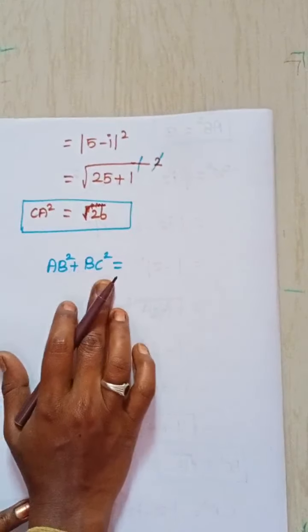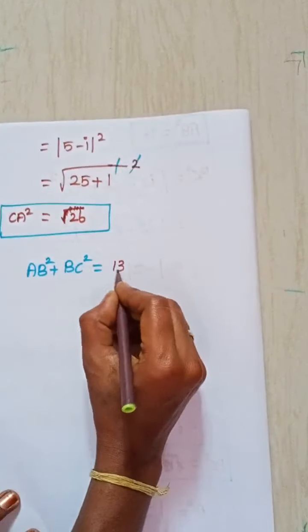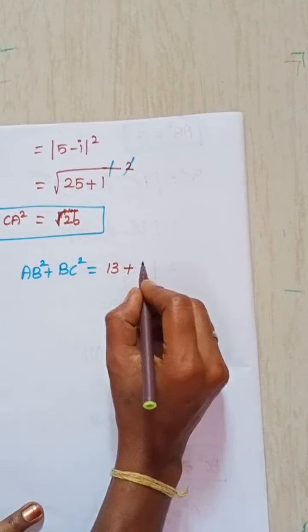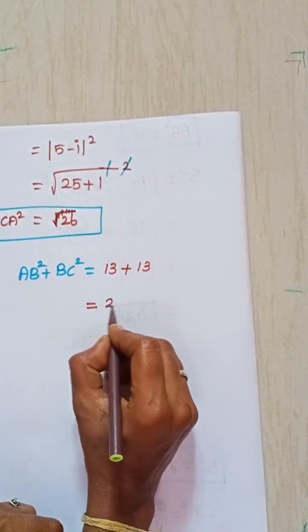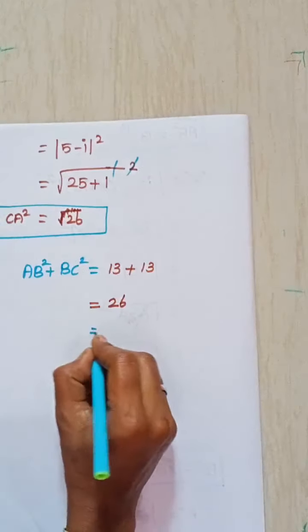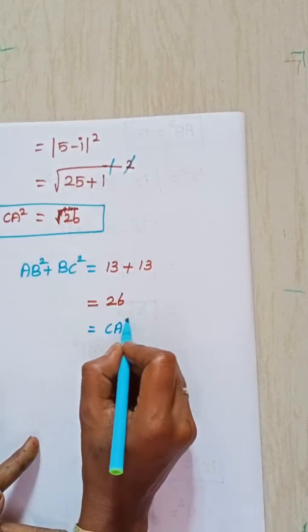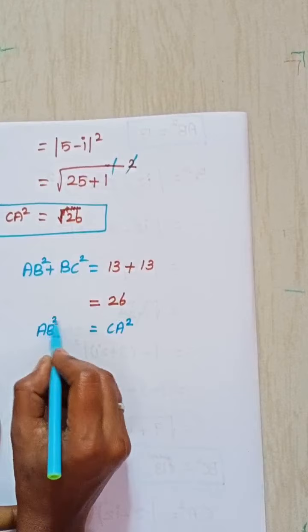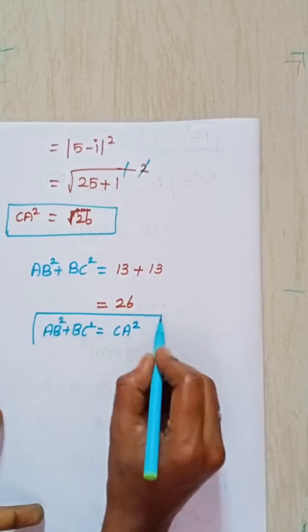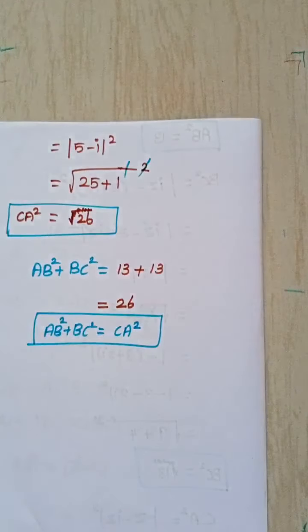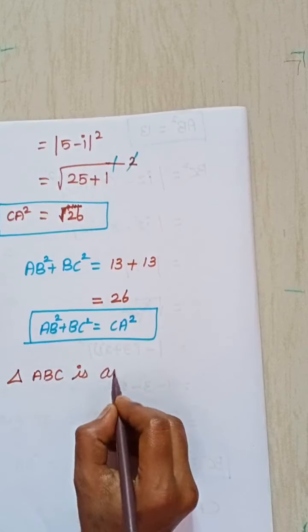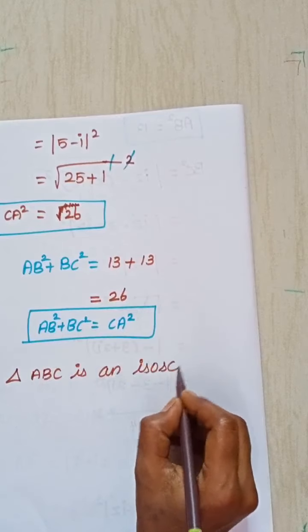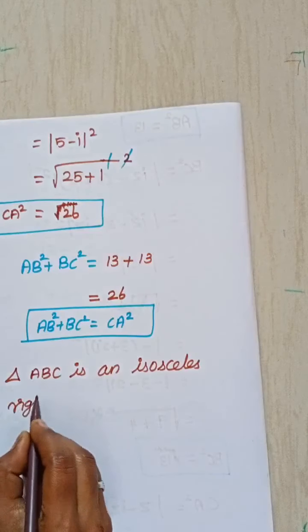AB square plus BC square is equal to 13 plus 13, which is equal to 26, which is CA square. So what is the LHS? AB square plus BC square is equal to CA square. So the given vertices form an isosceles triangle. Therefore, triangle ABC is an isosceles triangle. ABC is an isosceles right triangle.